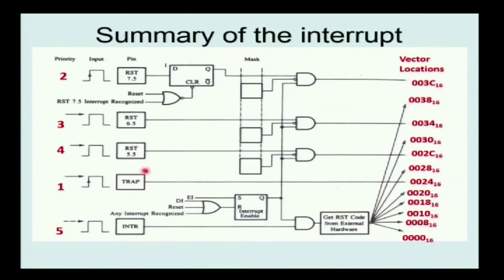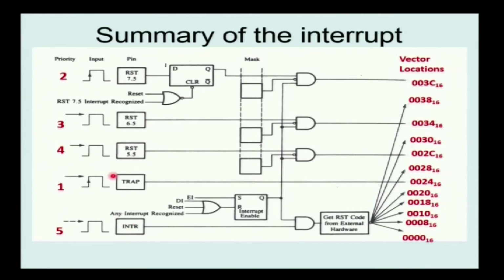What are the interrupts we have discussed in 8085 till now? The 8085 has 5 interrupts, which are named TRAP, RST 7.5, 6.5, 5.5 and INTR. These 5 are the interrupt signals.